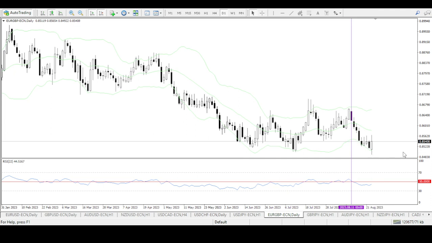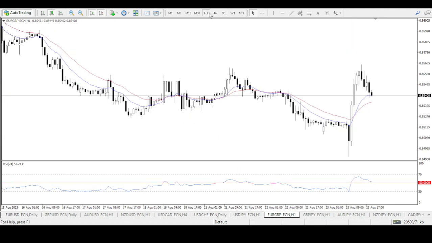So this is not the area where we should enter. We should wait for a little downward retracement. If we go to the 1 hour time frame, we can see that the price has been gradually retracing to the downside, and there will be further retracement. I'm not sure about that, but if there is no retracement, I will rather wait.